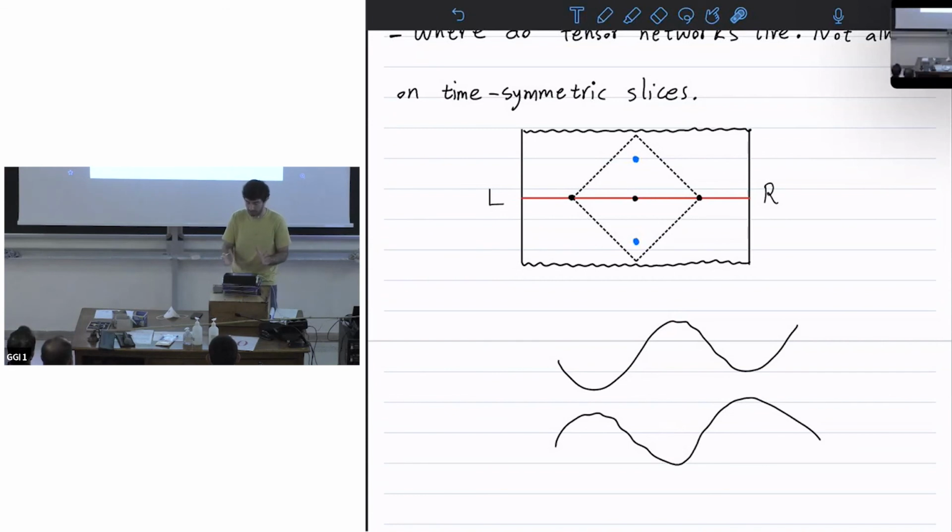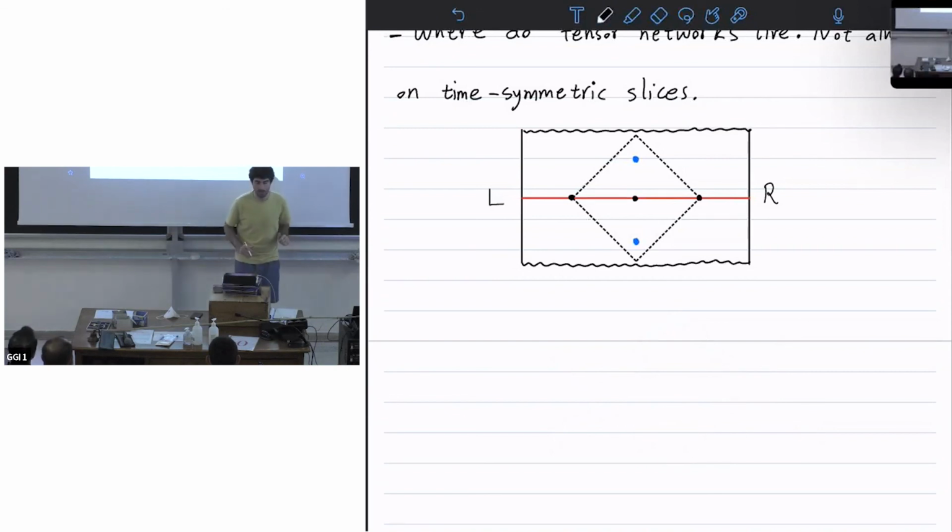So that's just something between this tensor network lore and the Python's lunch conjecture. But again, the difficulty here is that I don't know how to prepare this state on the boundary independently to check what the complexity needs to be. So we just have two guesses.